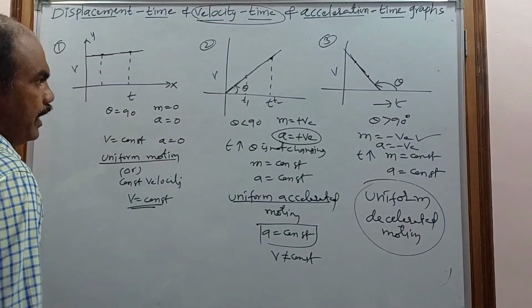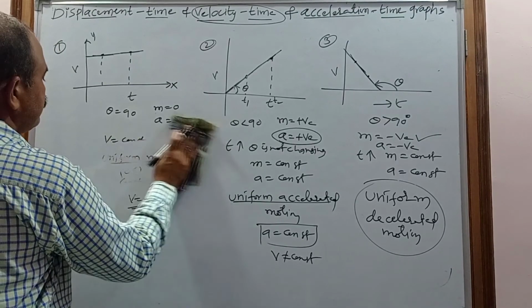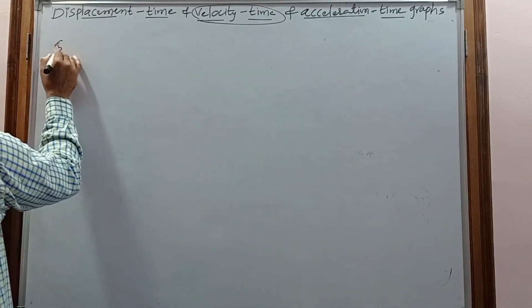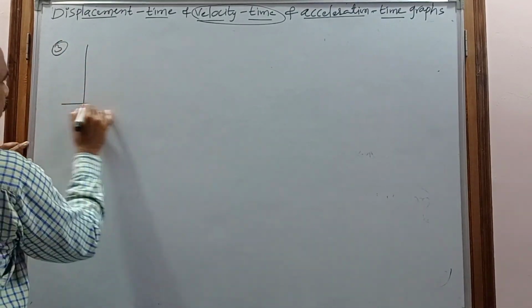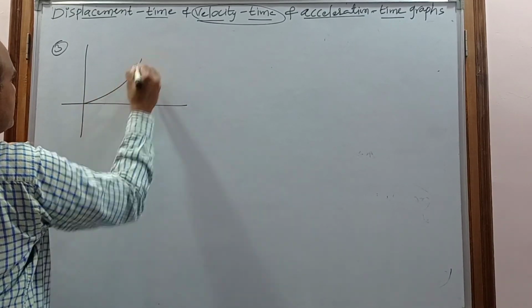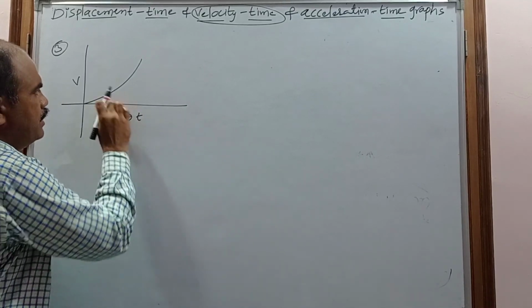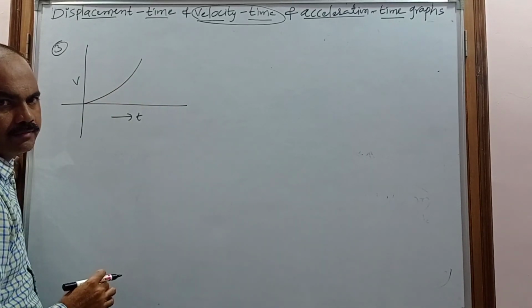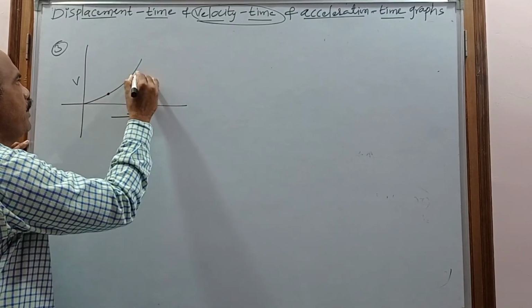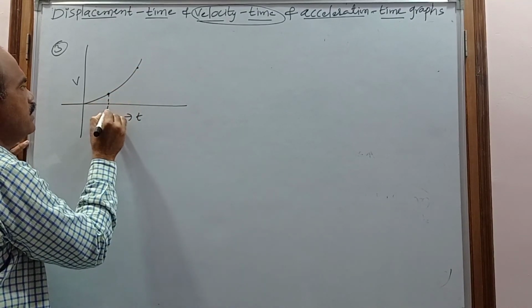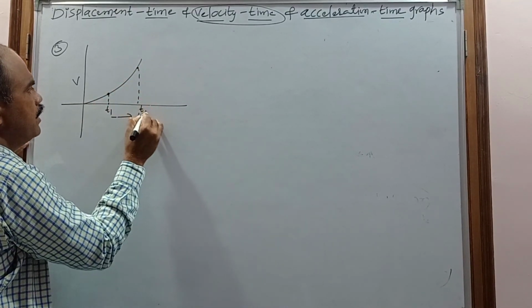Now the next graph. If the velocity versus time graph is like this, the time is increasing and the velocity is also increasing. To explain the motion, I am taking two points on the graph, one at time t1, another at time t2.